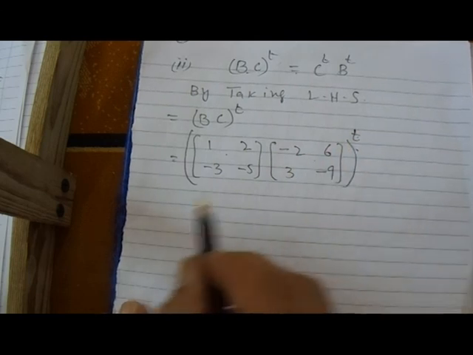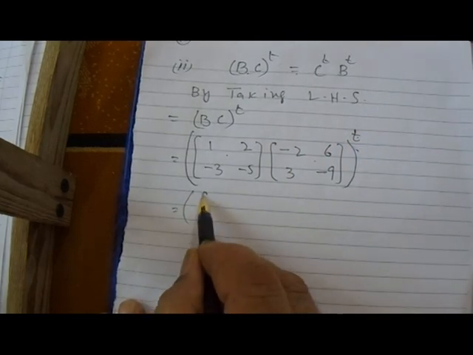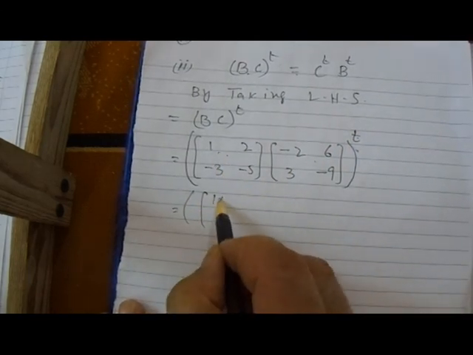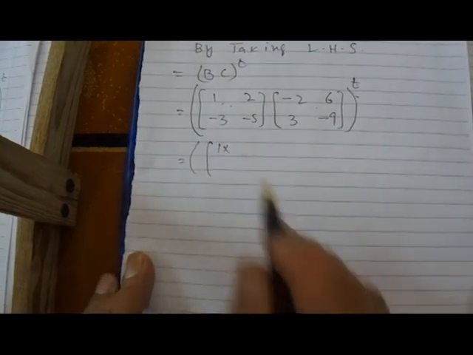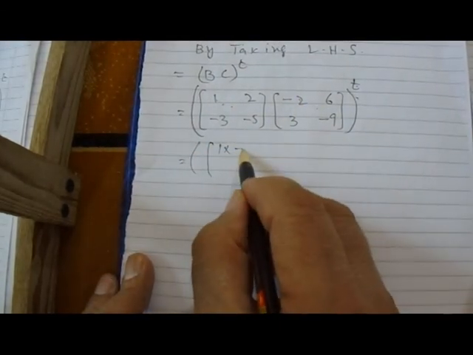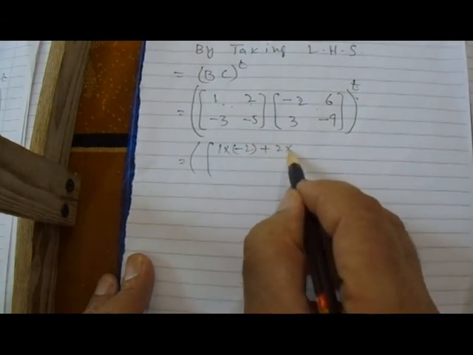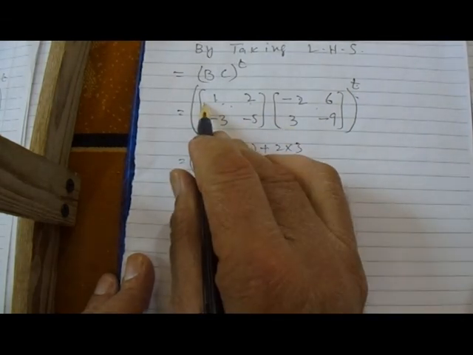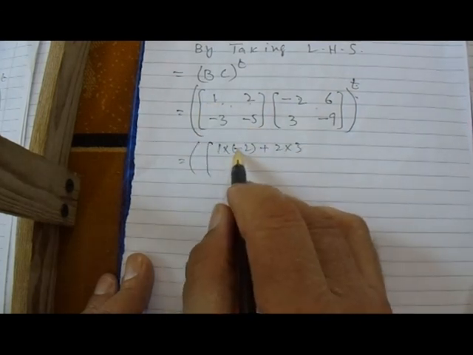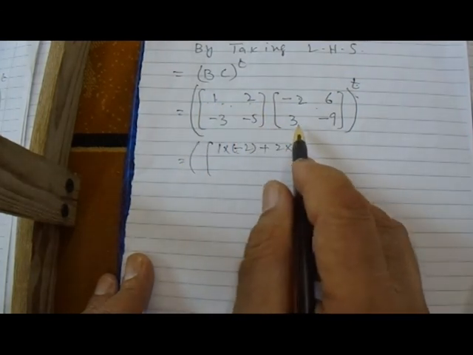First we multiply this: 1 multiplied by minus 2, plus 2 multiplied by 3. Again, 1 multiplied by 6, and 2 multiplied by minus 9.